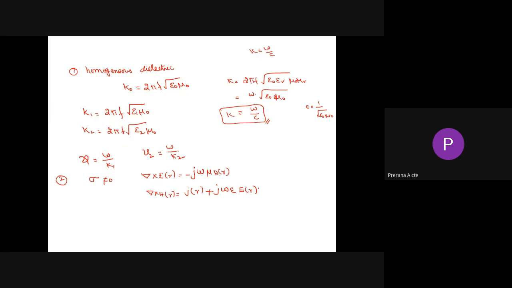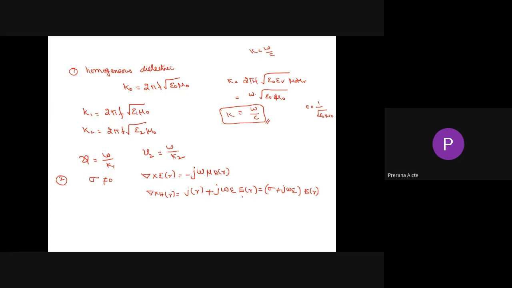This equation I can write as the conduction current density plus the displacement current, which can be written as sigma plus j omega epsilon times E of r. Okay, r is the distance from the origin in spherical coordinates.